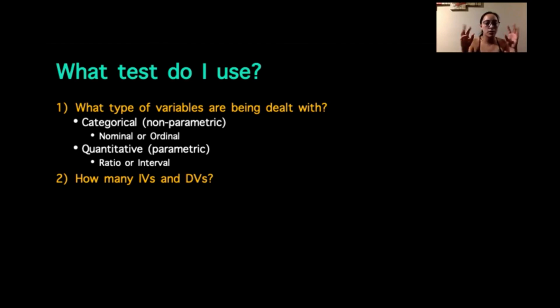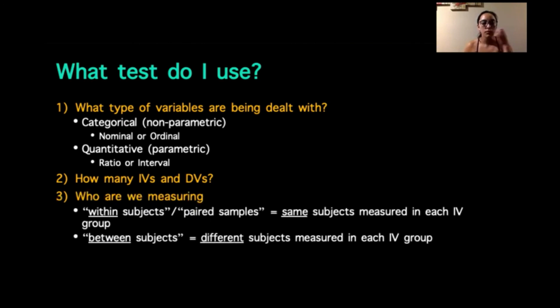And if you have multiple ones, how many levels are in each of your independent variables? And then the last question is, who are we measuring? Right? Do you have a within subject, or paired samples, or repeated measures test where the same subjects are measured for each independent variable condition? Or do you have a between subject design where you have different subjects measured for each independent variable condition?